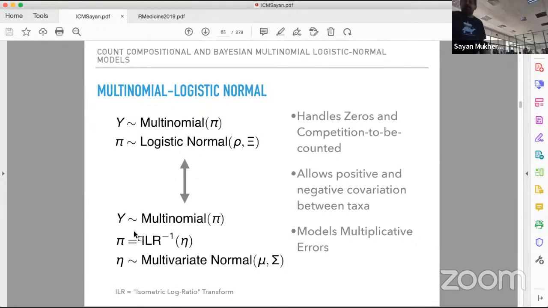Okay. Now, there is a distribution called the Logistic Normal, which I'll show to you in a second. It's a terrible distribution because it's got a normalization constant that's god awful. Okay, there's a distribution called the multivariate normal, which is very easy. And there is a deterministic transformation between the multivariate normal and the parameters of a multinomial.